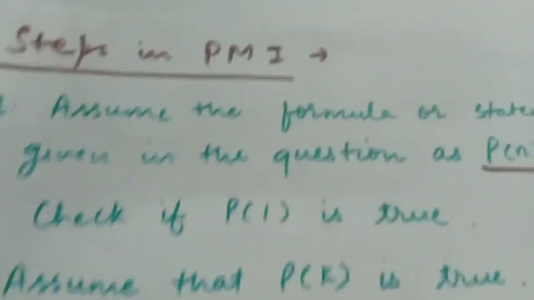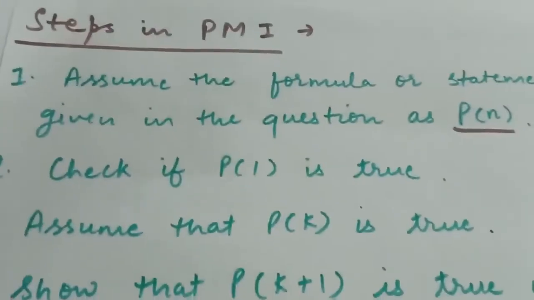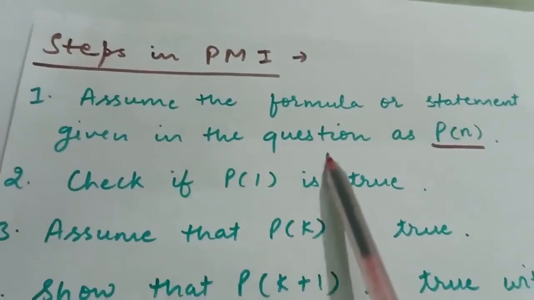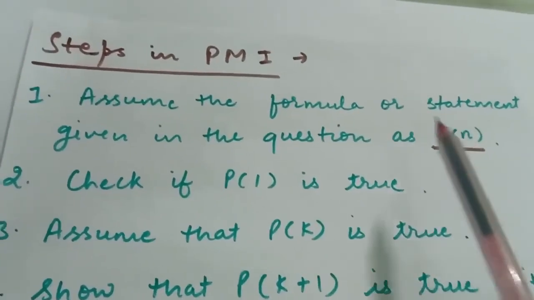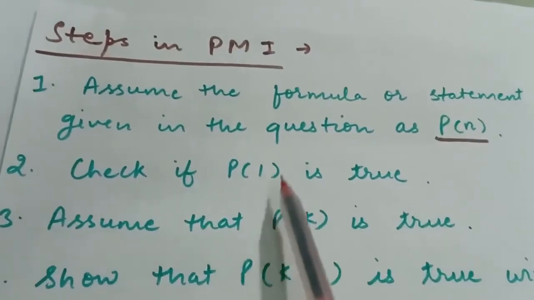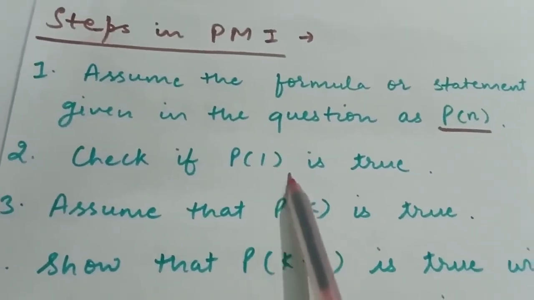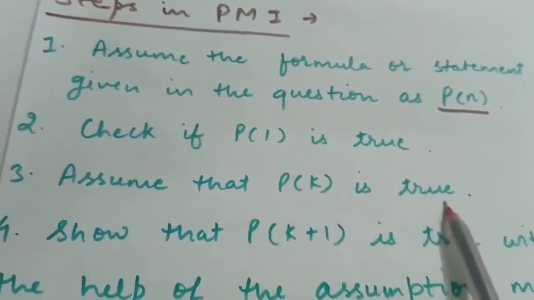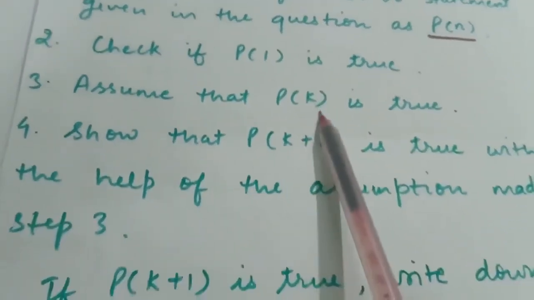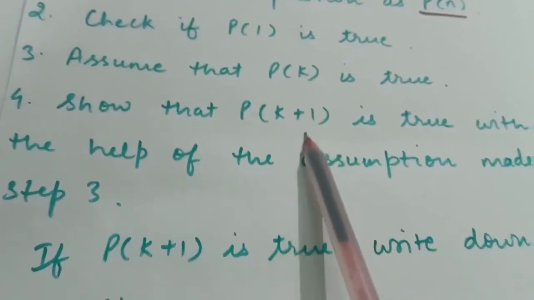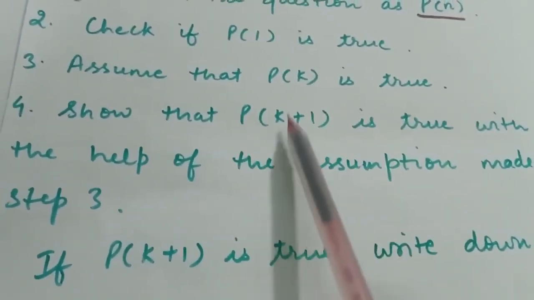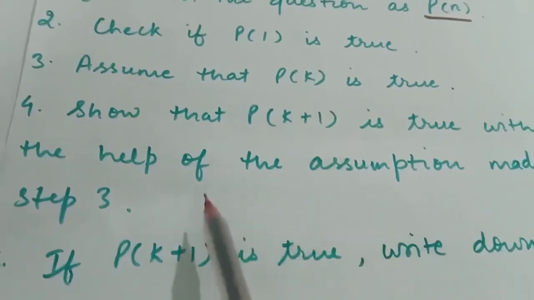What are the steps in PMI? So first step is assume the formula or statement given in the question as Pn, then check if the statement is true for P1 or not. Then assume that Pk is true. After assuming that Pk is true, show that Pk plus 1 is also true, and while proving for Pk plus 1, use your assumption in step 3.